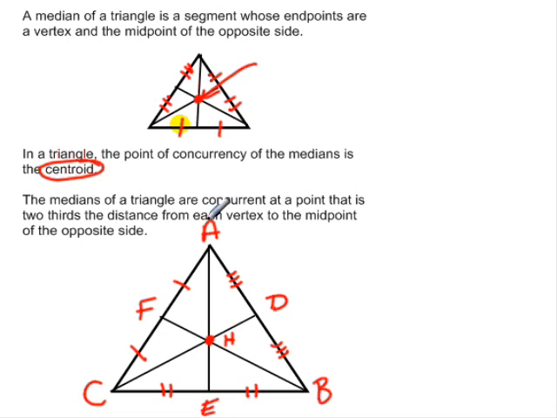Because the medians of a triangle are concurrent at a point that is 2/3 of the distance from each vertex to the midpoint. Think about what that says. 2/3 the distance from each vertex to the midpoint.